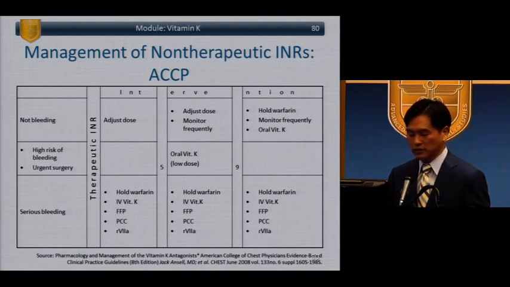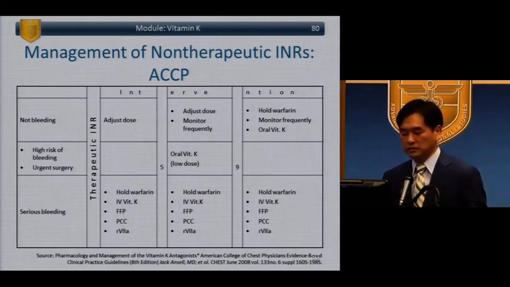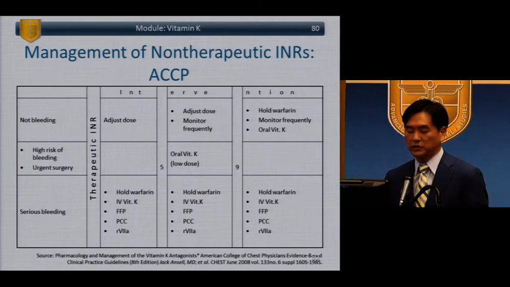All right? And as you can see, once you're bleeding, it's everything including the kitchen sink, right? Obviously, you're going to stop the warfarin. IV vitamin K, FFP, PCCs, or Novo-7, you're going to use your judgment there. All right? If you're not bleeding and your INR is less than 5, okay, you admit them, you adjust the dose, and that's it.